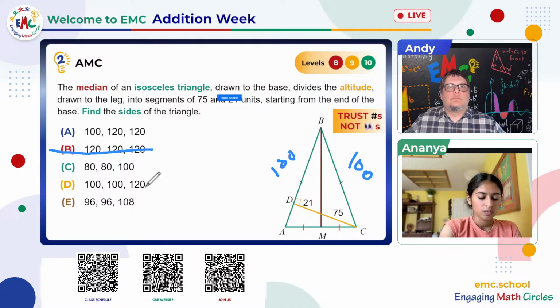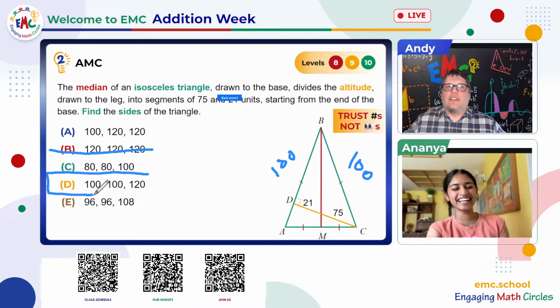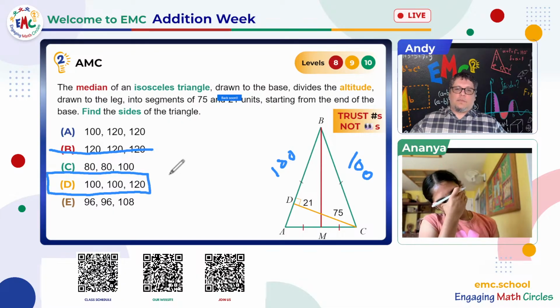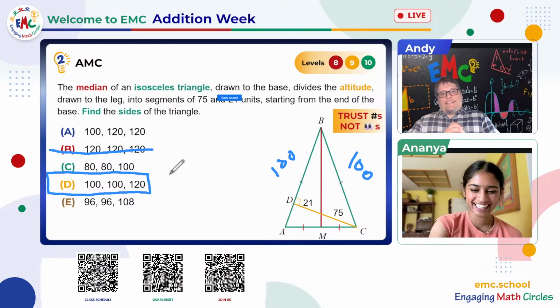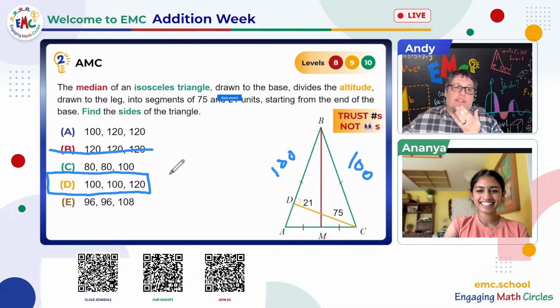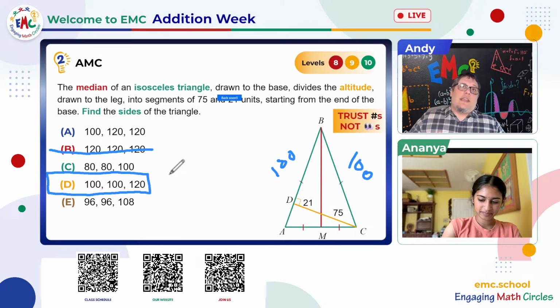It was just staring us in the face the whole time. Once you figured out one of the sides, you have to check. The only one that we would have to be careful of is if we got 120 for those answers.